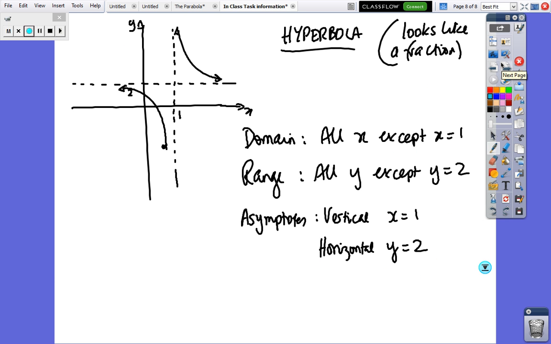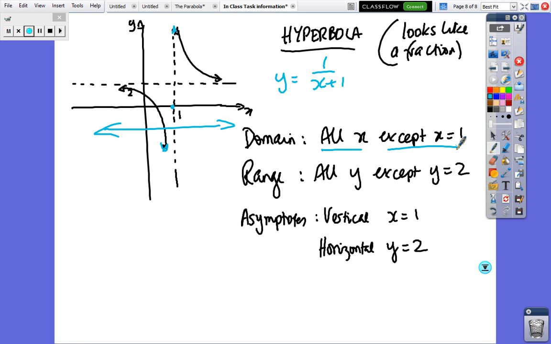So these ones look like fractions when you see them. For instance, y equals 1 over x plus 1, something like that. Okay, so in the x direction, we can have any x except this value 1 because the curve can't get to 1, it approaches 1. So what we say is all x except x equals 1.